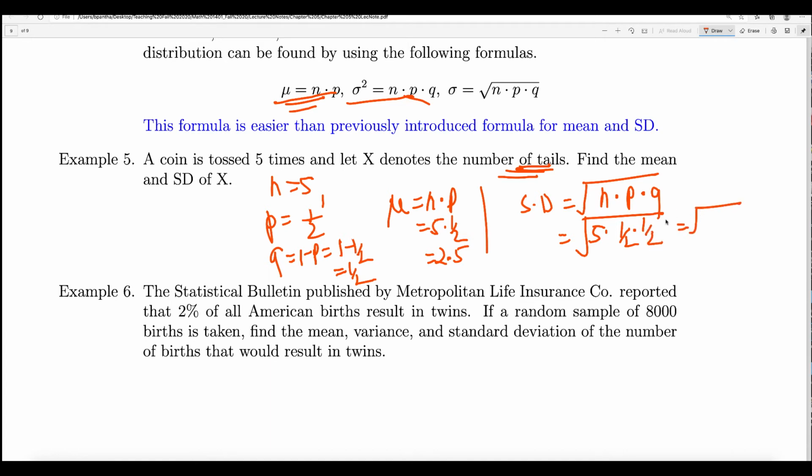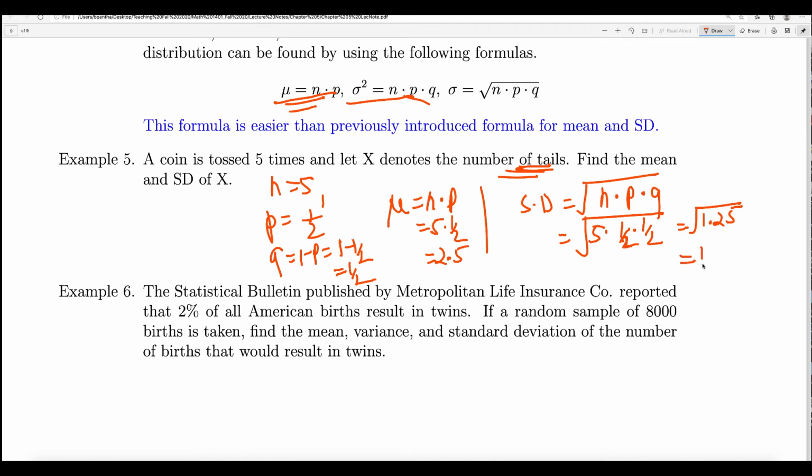It is the root of 5/4, because 5 times 1/2 is 2.5, times 1/2 is 1.25, right? 1.25. So if you find the square root using the calculator, what you get is 1.11.